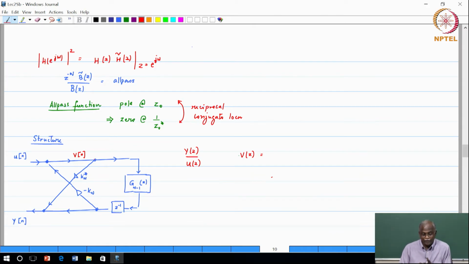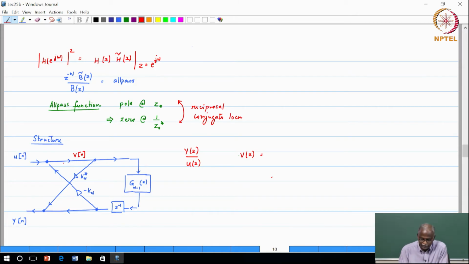So, v of n is u of n plus v of n passing through g n minus 1 of z, z inverse, and minus k n. Both of those get added together. These solid dots mean that either signals are adding, or if it is a branch from which they are branching out, the same signal is going on both those branches.